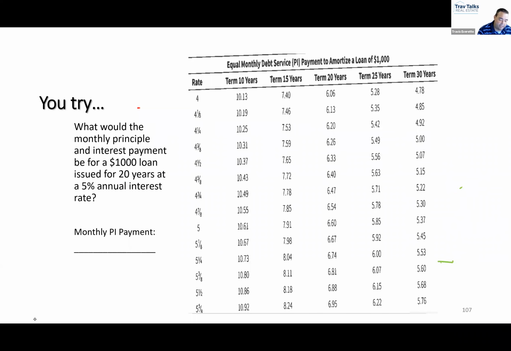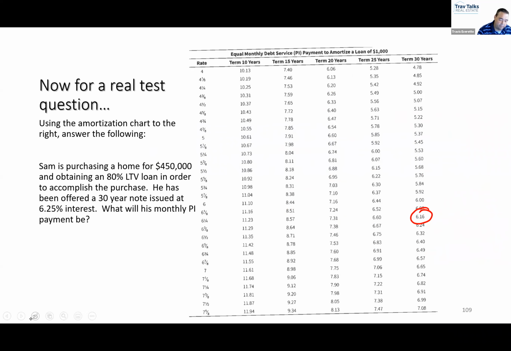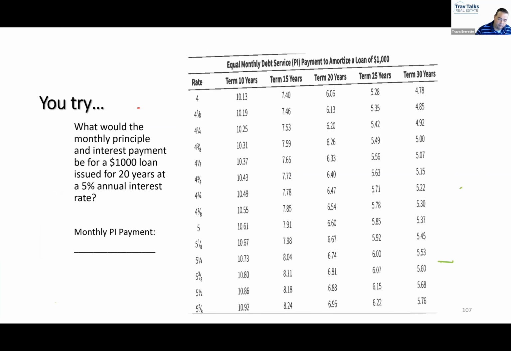Let's change our numbers up a little bit here. We'll go back. Where were we at? Let's say we're going to do a 30-year loan at 4% interest.